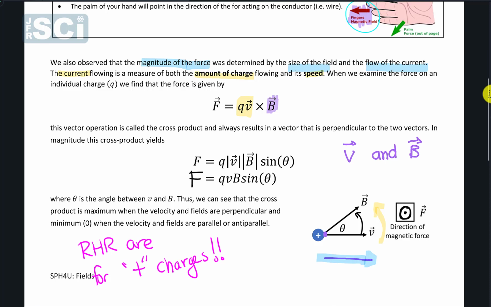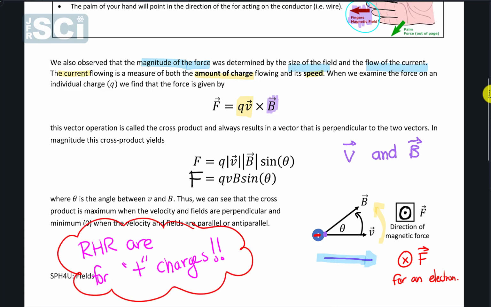What I mean by that is if this was a negative charge, we're going to follow the right-hand rule. The right-hand rule says it's going out of the page. It actually is into the page as the direction of the force for an electron or anything that is a negative charge. So right-hand rules are for positive charges, not negative charges. You just simply follow the right-hand rule, but flip what the answer is.